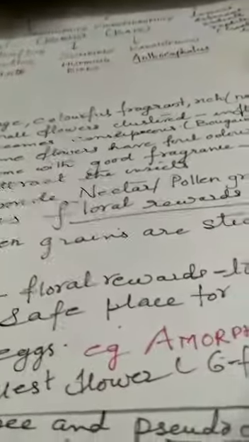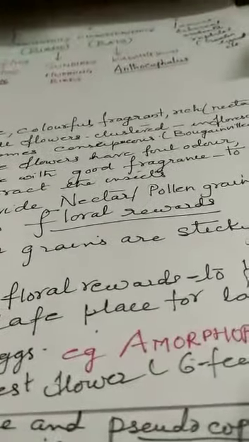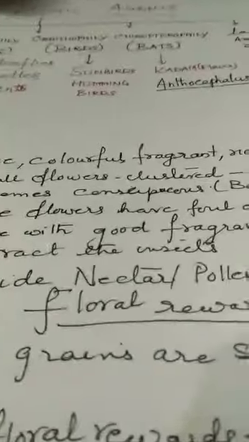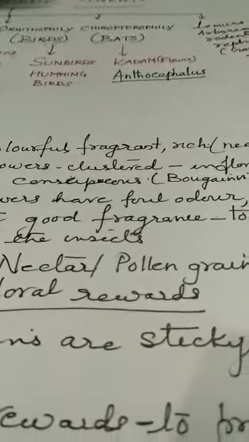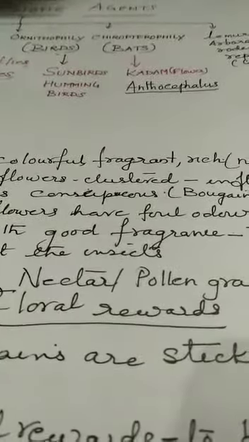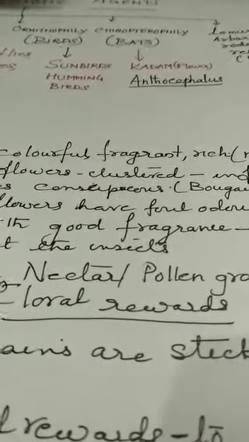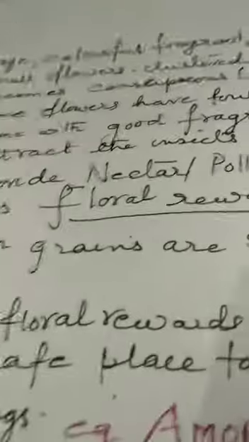The pollen grains of these plants are very sticky, so that they get stuck to the insect's body, and when it goes into another flower, the pollination is carried out.